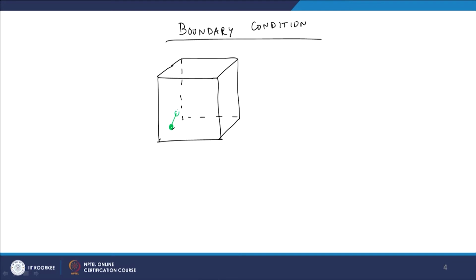So let us say that the sides of the box are closed like a carton, and we have a polymer chain that is present in the box.